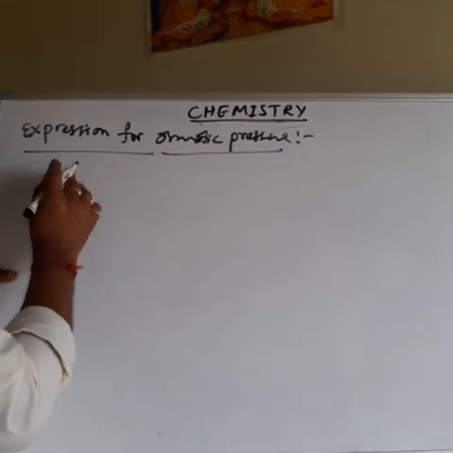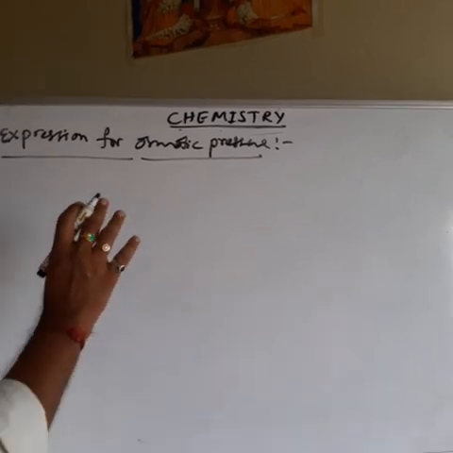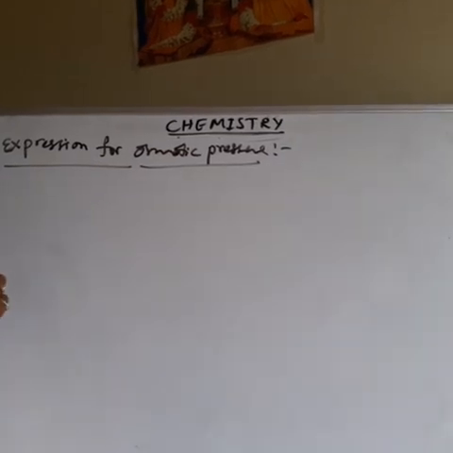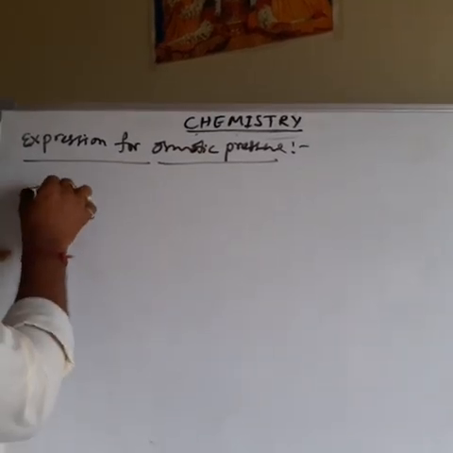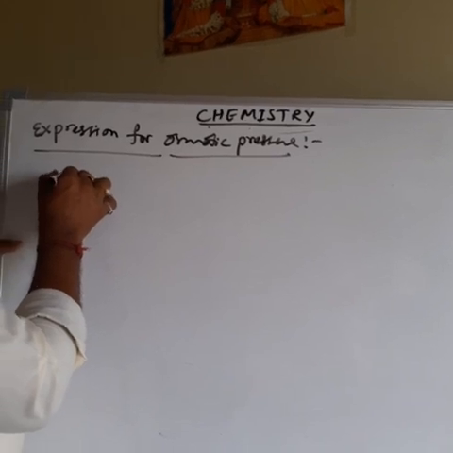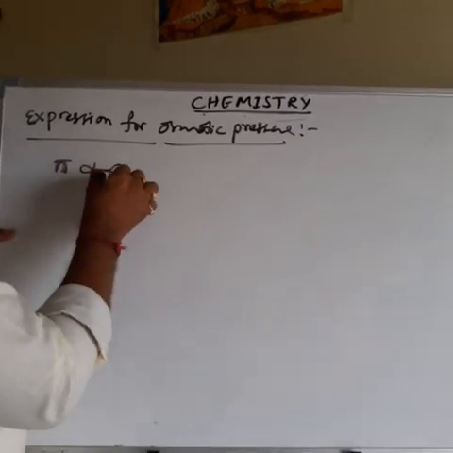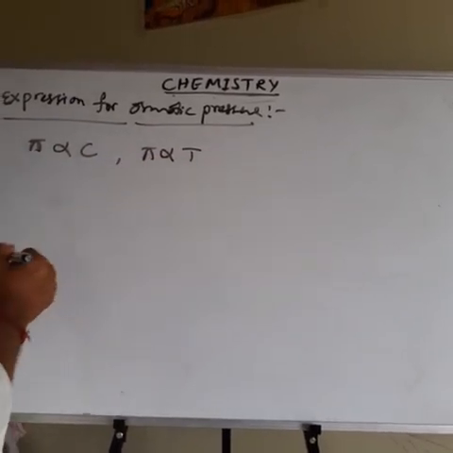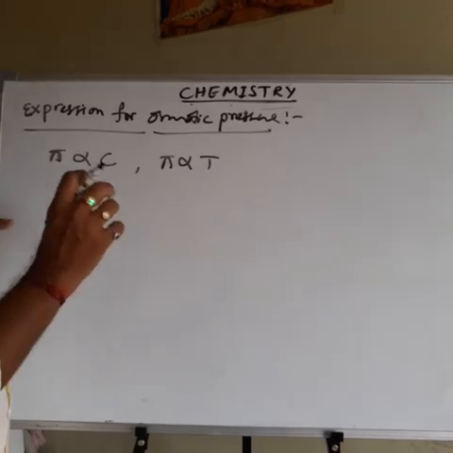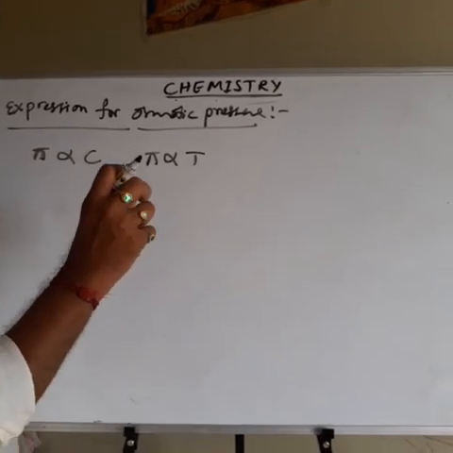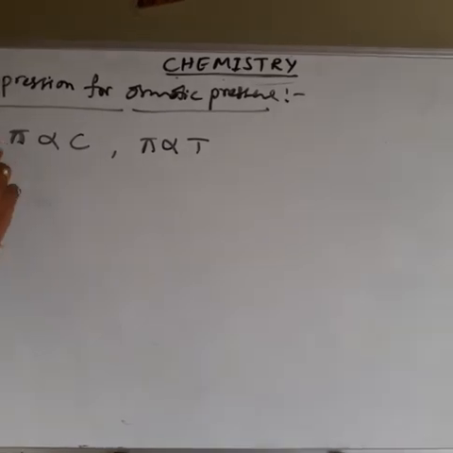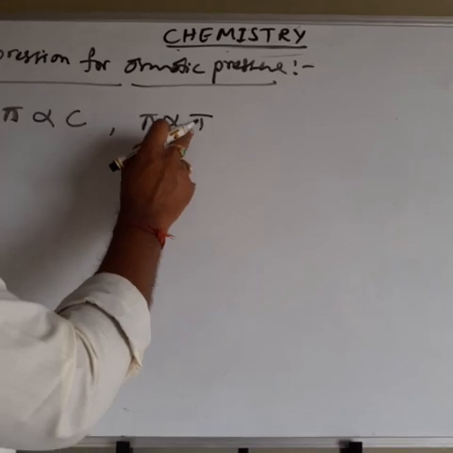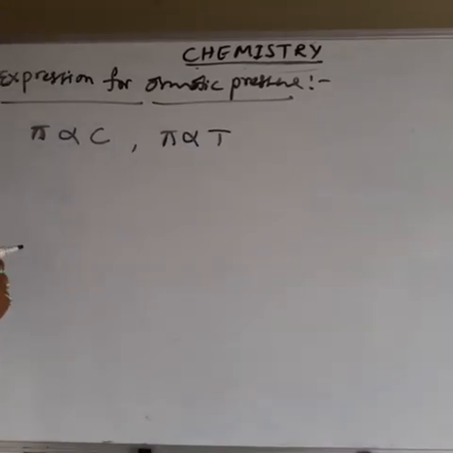From van't Hoff's equations, from Boyle's law and Charles's law, the osmotic pressure of the solution is directly proportional to the concentration of the solution and also directly proportional to the temperature of the solution.